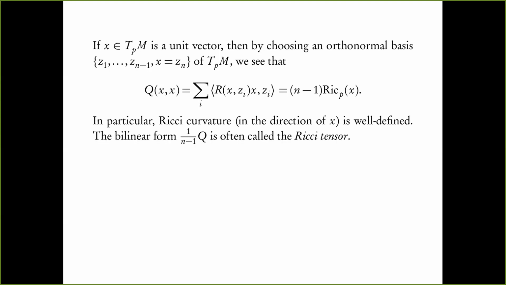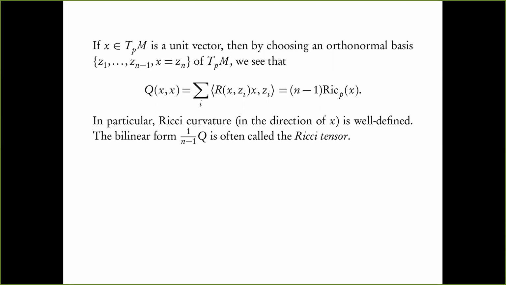So maybe I should mention before I move on, this bilinear form Q, up to a factor of 1 over n minus 1, is often called the Ricci tensor because it is a tensor. It's defined over TpM tensor TpM. So for every point P, you have a map from TpM tensor TpM to R, which is this 1 over n minus 1 Q. And because Q is bilinear, it's a tensor.